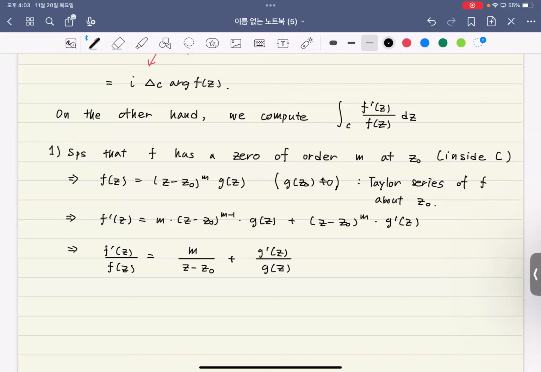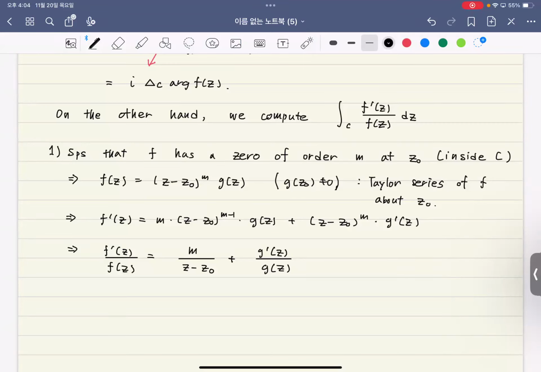Therefore, if z is really close to this point, your denominator is never zero in that domain because g is continuous. So that implies that this function is also analytic in the region inside of this small circle. Therefore, the integral of this term should be zero. So the integral of this whole thing is only affected by this one.